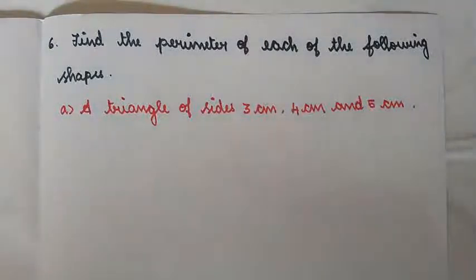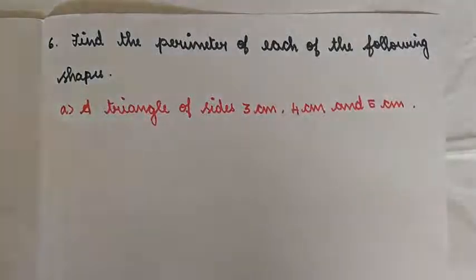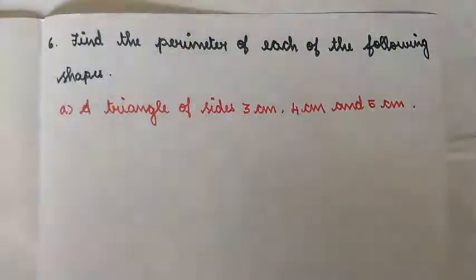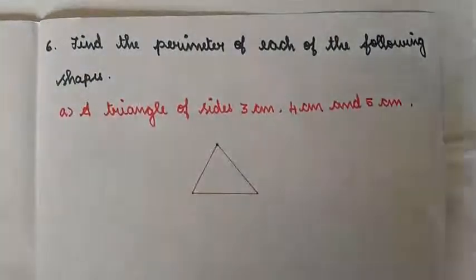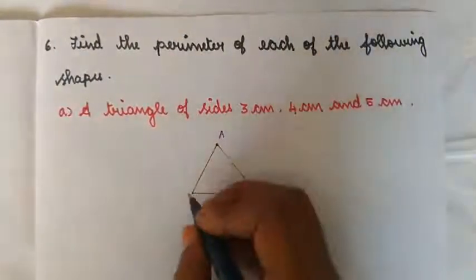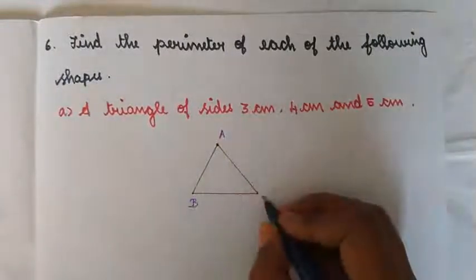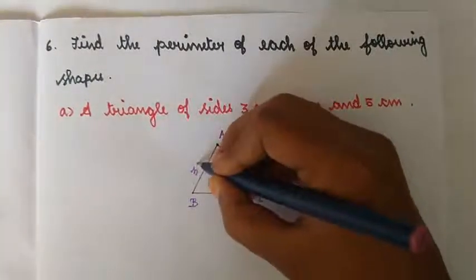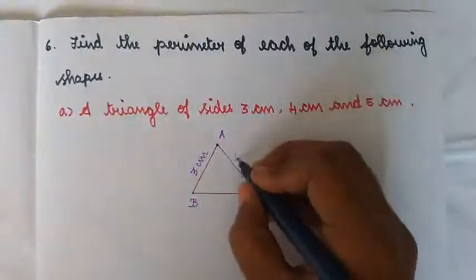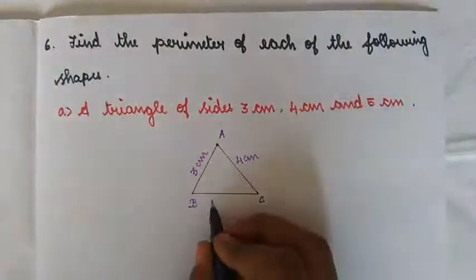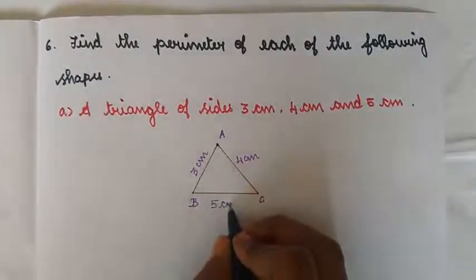So we have to find the perimeter of this triangle. First we have to draw a triangle based on these three sides. Let me take this as A, B, C. Here AB is 3 centimeter, AC is 4 centimeter and BC is 5 centimeter.